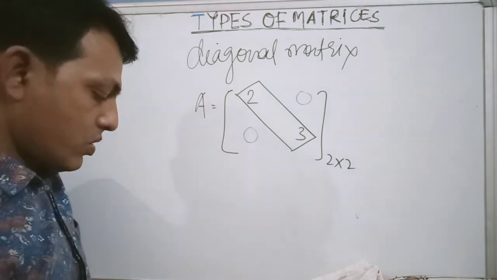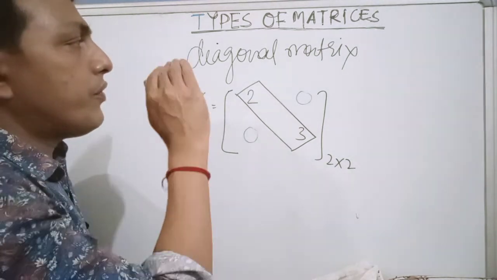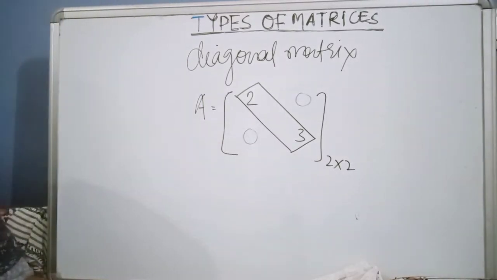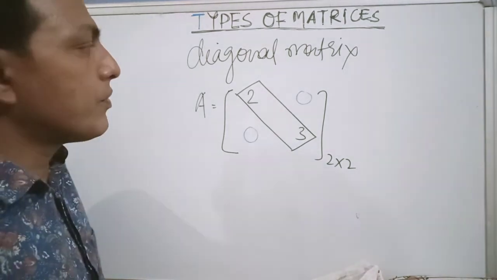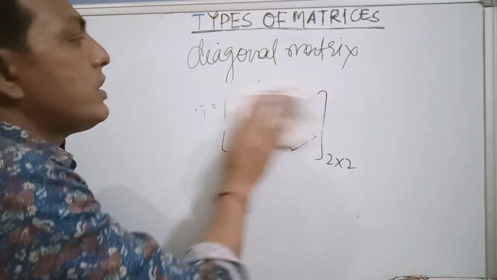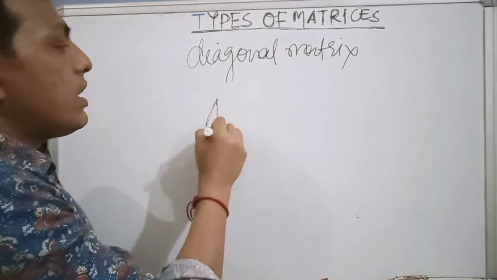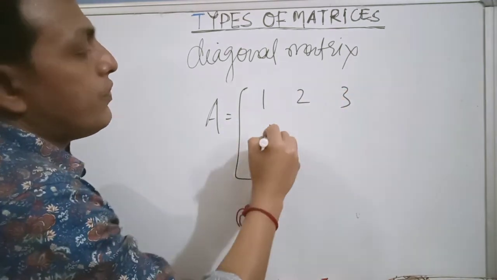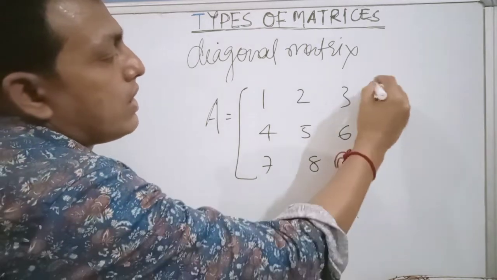Correct? So for a diagonal matrix, non-diagonal elements should be 0 and diagonal elements should not be 0. Take the example of 3 by 3, that will be clearer. 1, 2, 3, 4, 5, 6, 7, 8, 9.